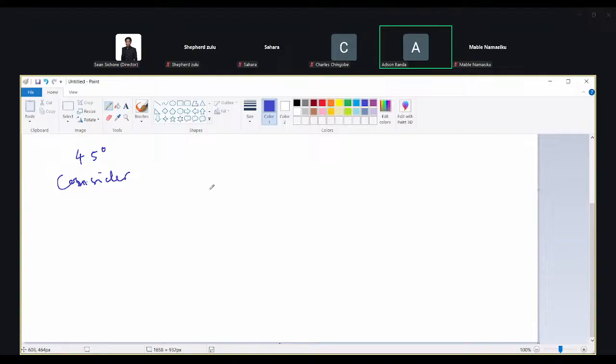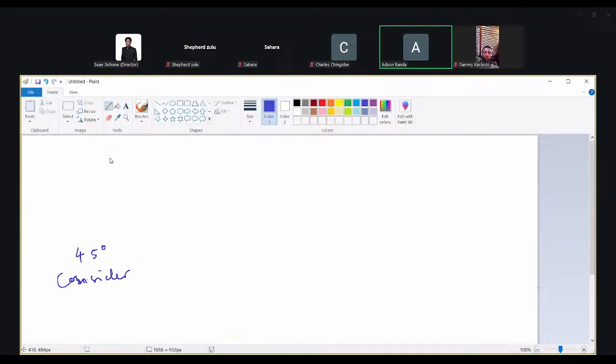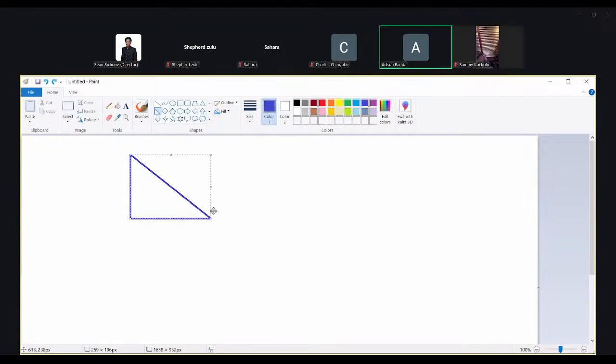An isosceles triangle, of course, you know, has two sides equal and two angles equal. So let me draw the triangle. I hope I can draw it nicely.